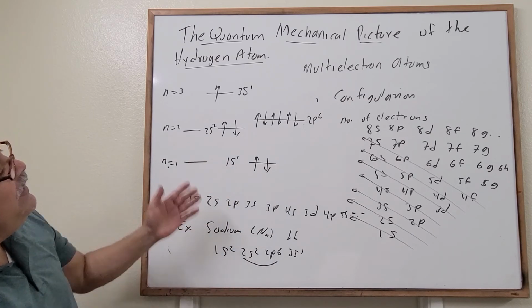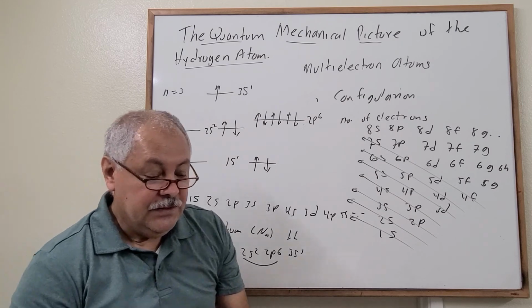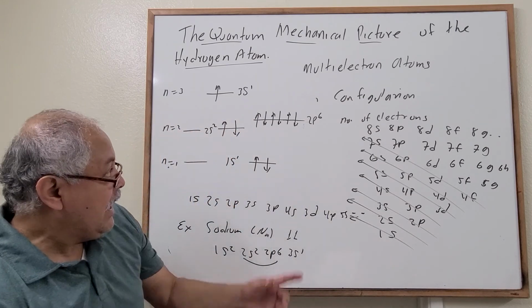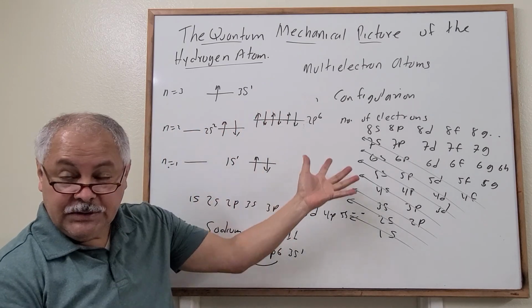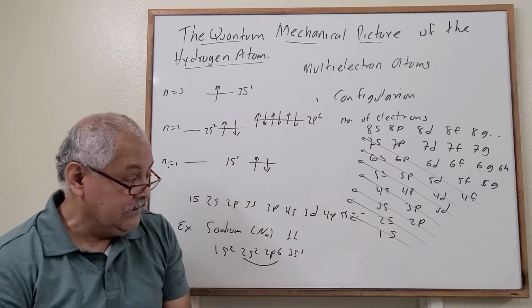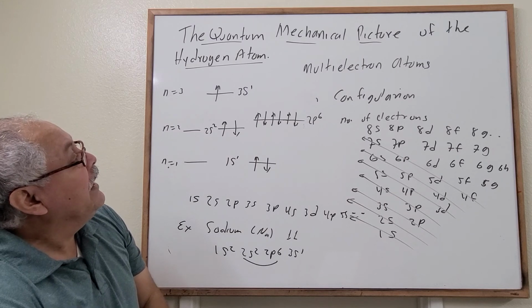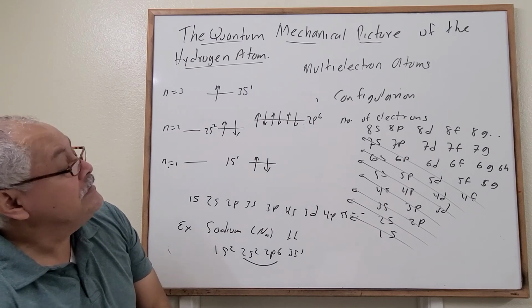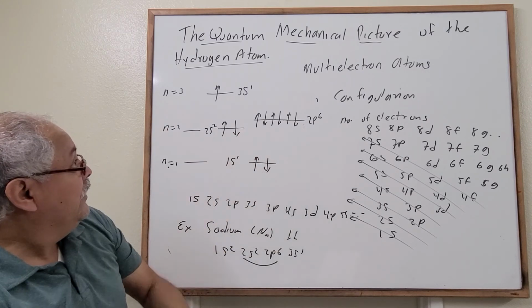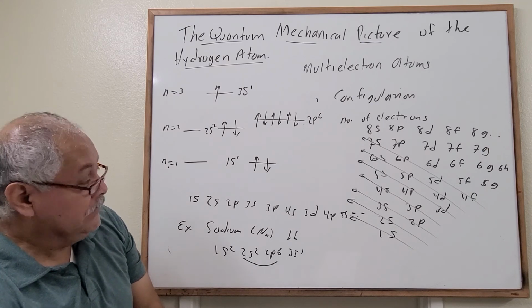Correct. And this analysis of the quantum theory, we explain, or the periodic table is explained by using this electron configuration and taking the base of the hydrogen atom.